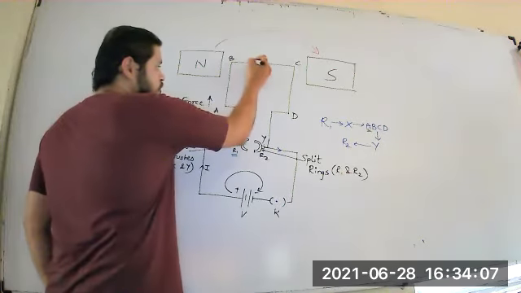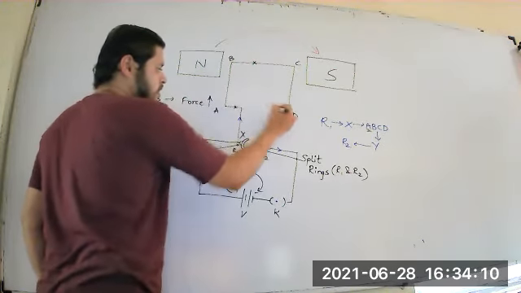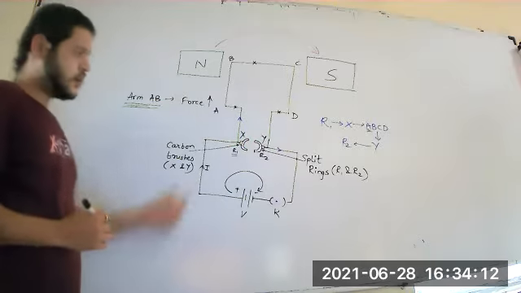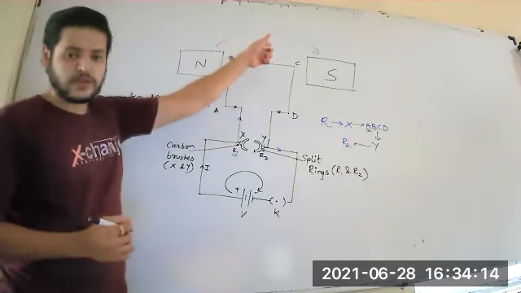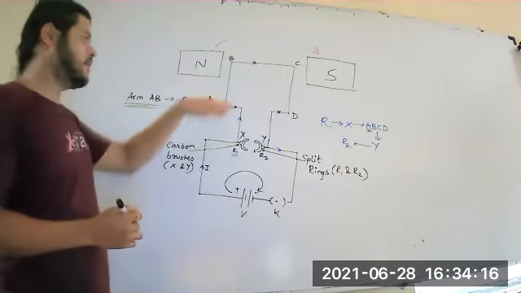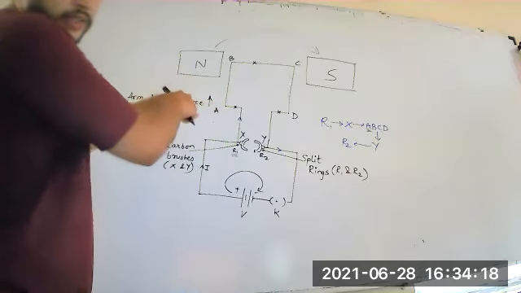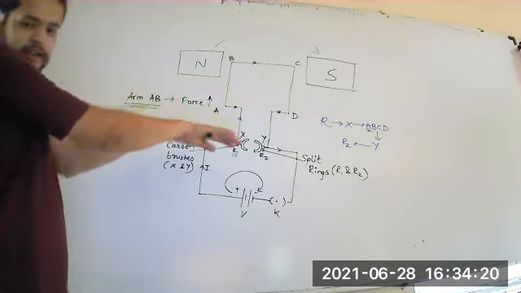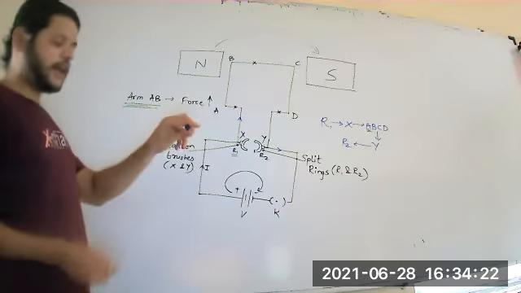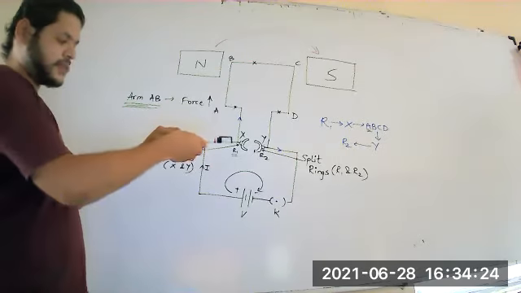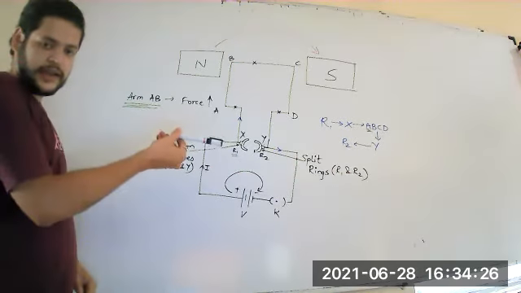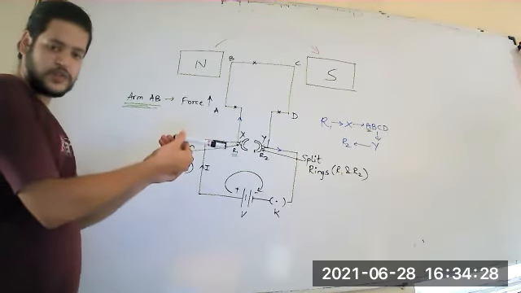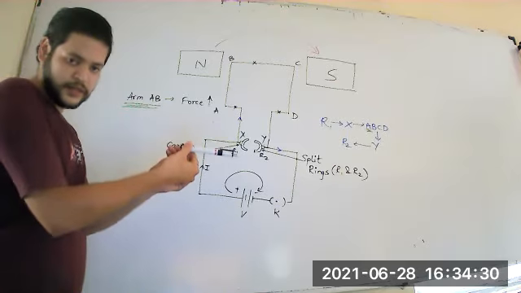There will be no force in arm BC or AD because they are parallel to the direction of field. Remember this: the current is going inside, and the field is like this. So this is your direction of current, this is the direction of field. That is why we say that force will be generated in arm AB.